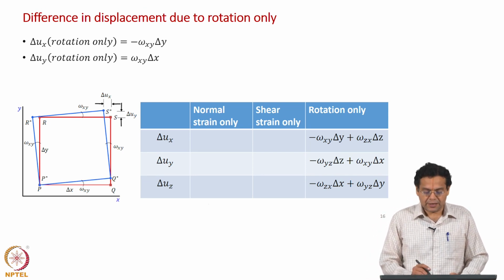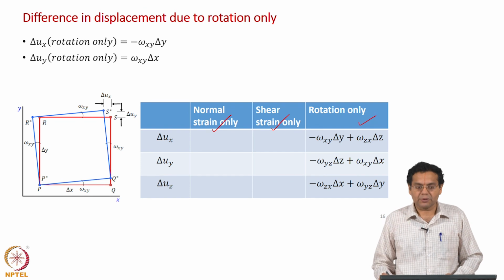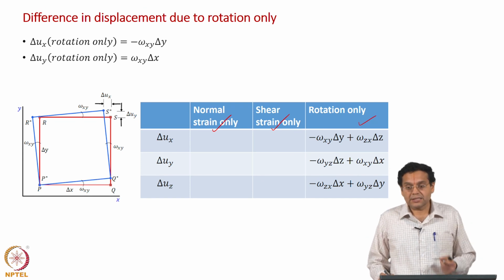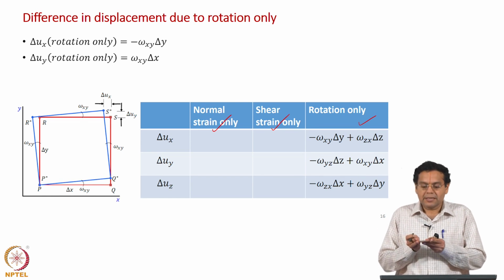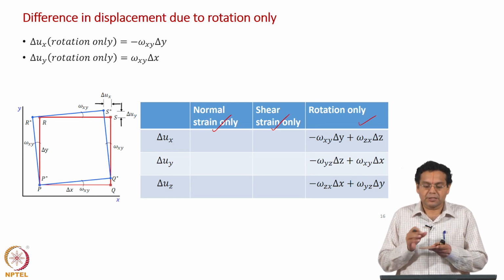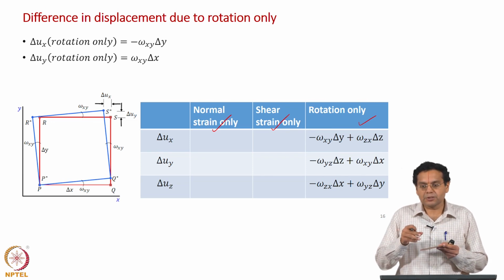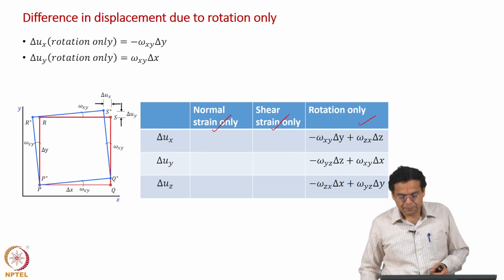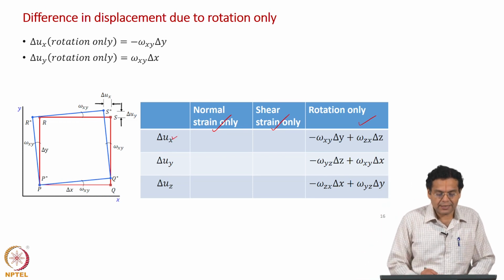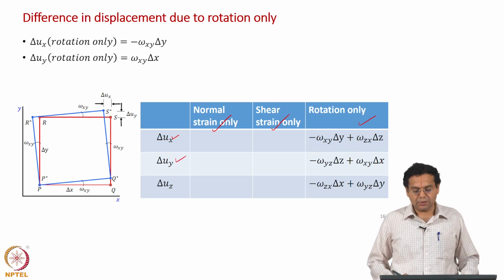We have filled up normal strain, we have filled up shear strain, they are not shown just for clarity. Now, we have to fill up this rotation only. Just like for shear strain, when shear strain happens, it contributes to x and y displacement. Similarly, when rotation happens in xy plane, it contributes to x displacement and y displacement. And so, you will have one entry for delta u x, one entry for delta u y, and that is what is shown here.